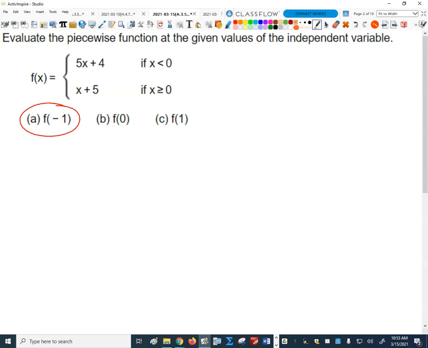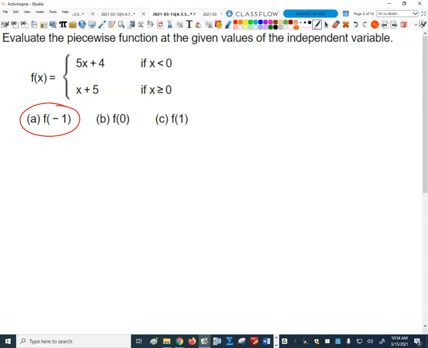Remember, when we have a piecewise function, we have two rows in this case. Each row always has two parts to it. It has the equation part, and then it has the domain part, which is telling us the values of the input that we can use for that equation. So each of these pieces has its own set of input values, its own separate domain.